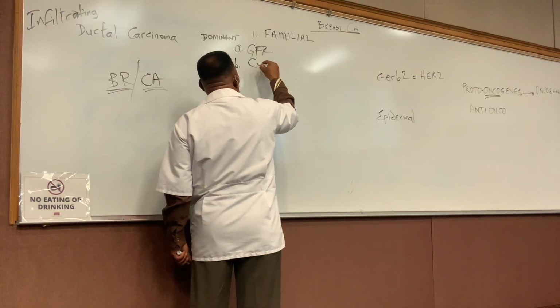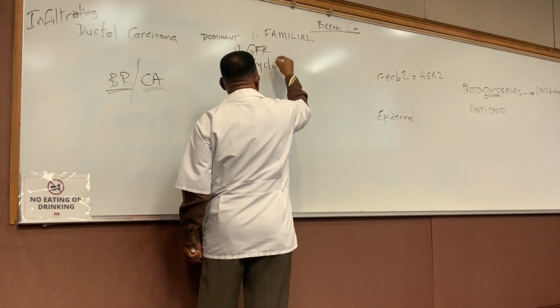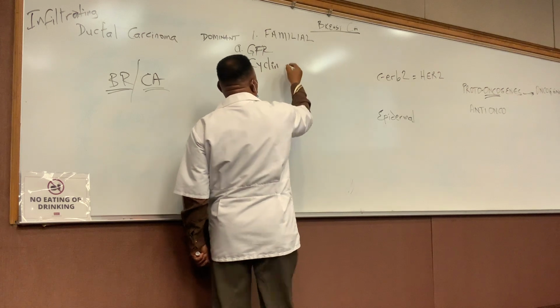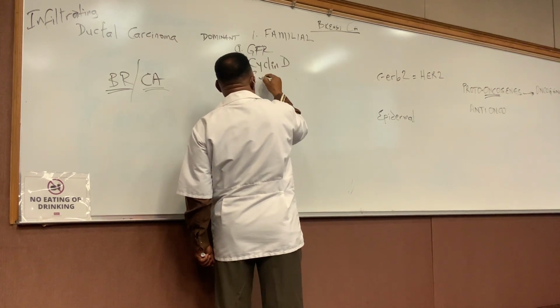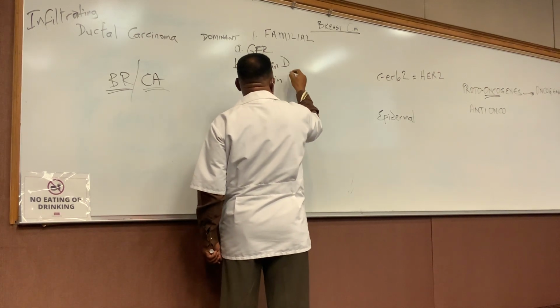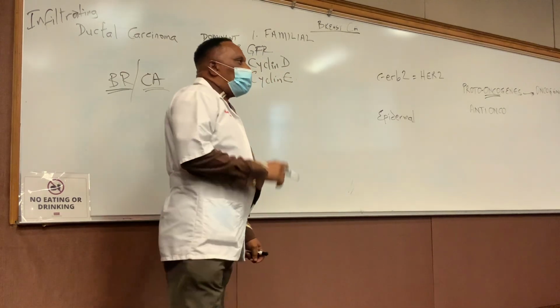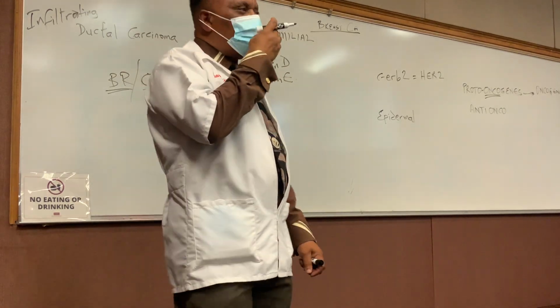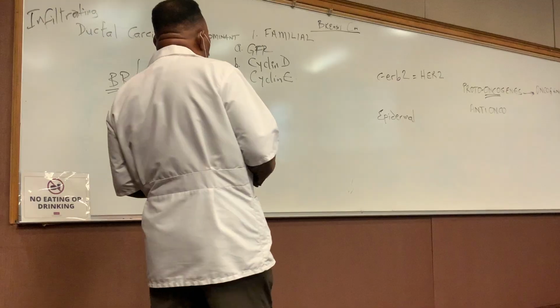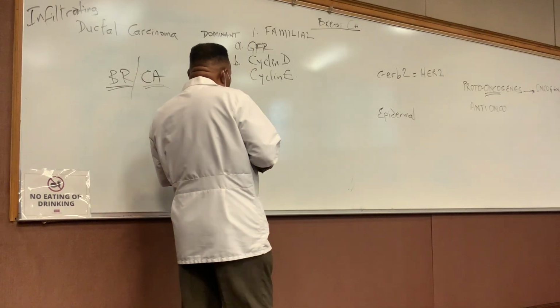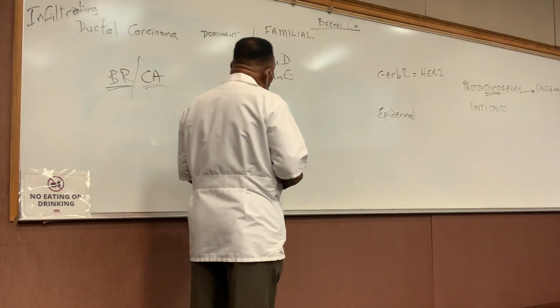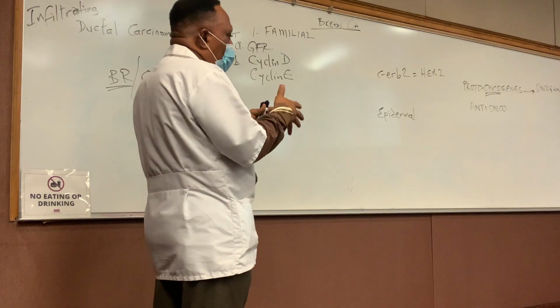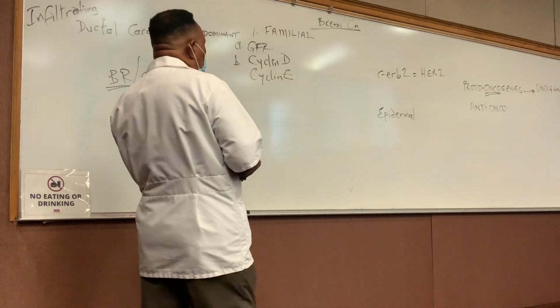So, just your cyclins, like cyclin D and cyclin E. Those are two prominently encountered cyclins that are involved in the development of breast cancer.